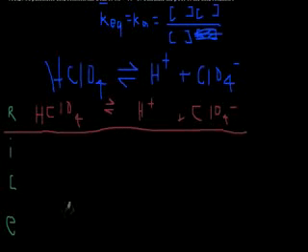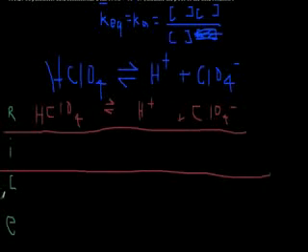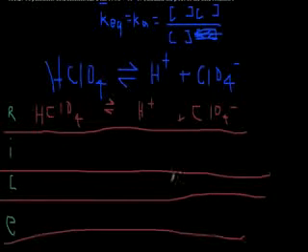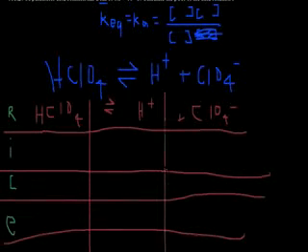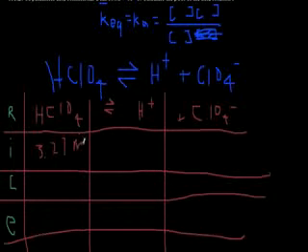Let's create our chart. Our initial value for this, as we know, is 3.27 molar. We don't need to write the M, this is all in molars. The products start at nothing.